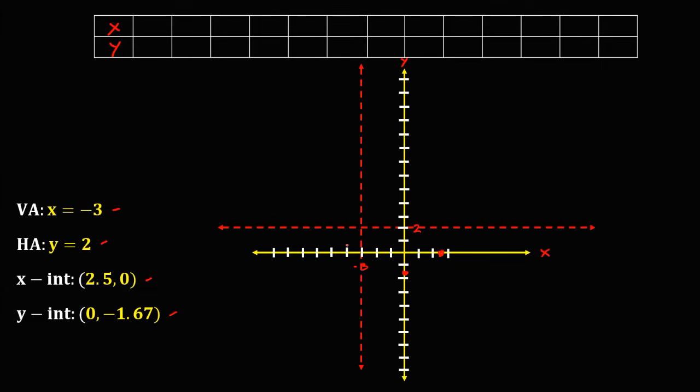I'm going to use these numbers: x is negative 9, negative 8, negative 7, negative 6, negative 5, negative 4, and negative 3. Then for the right, we have negative 2, negative 1, 0, 1, 2, and 3.